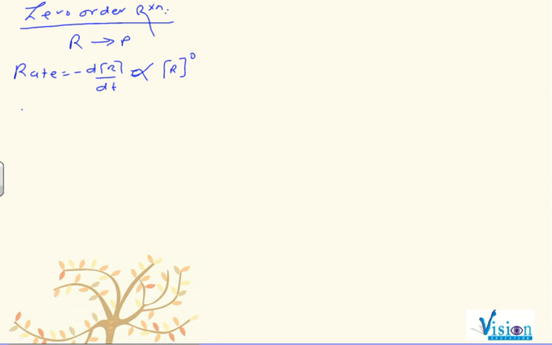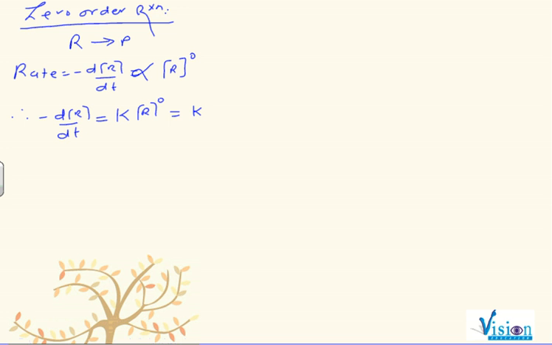Correct or not? That means minus dR by dt equals to, if I remove the proportionality, k into R raised to 0. Anything raised to 0 will always give you 1. That means that's equal to k.